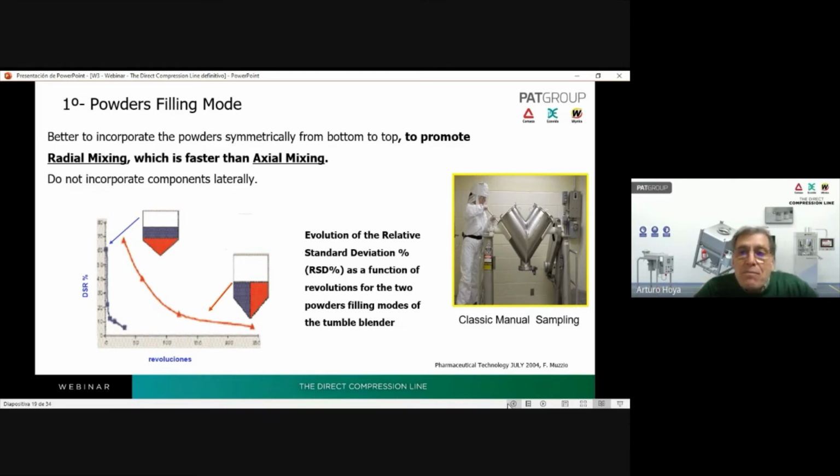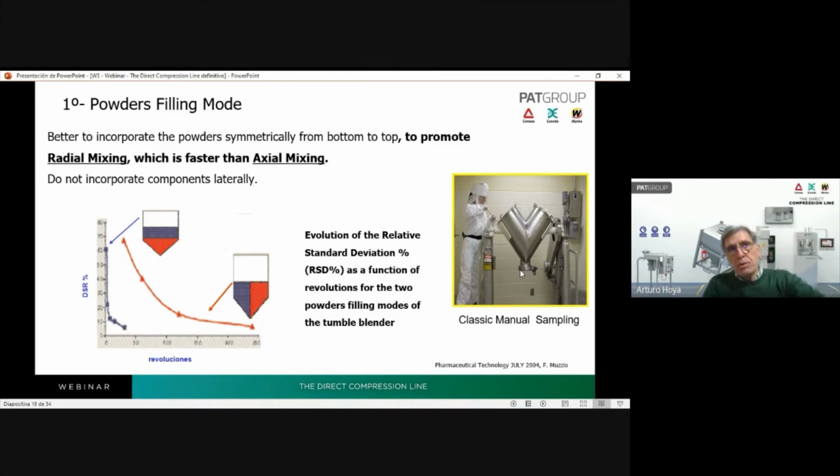So here we show a graph showing the relative standard deviation. The relative standard deviation refers to the dispersion of the content of the samples you obtain from this equipment.